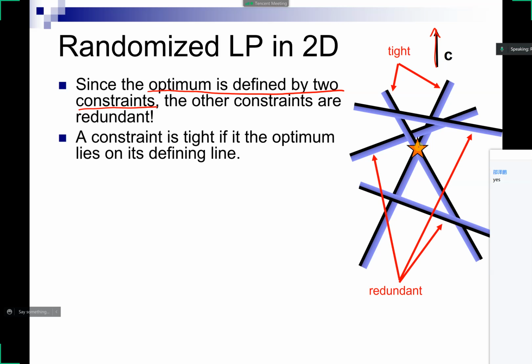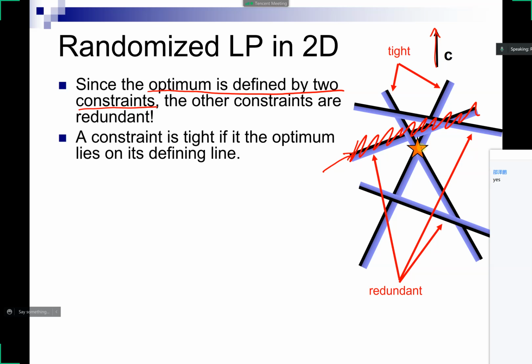For example, this star here doesn't lie on this constraining line over here, so we're going to say that this is a redundant constraint, and likewise, these 2 other ones are redundant. What I mean by redundant is that suppose you actually removed this constraint. Would the optimum point change? Well, the optimum point would not change, even if you took out that constraint.